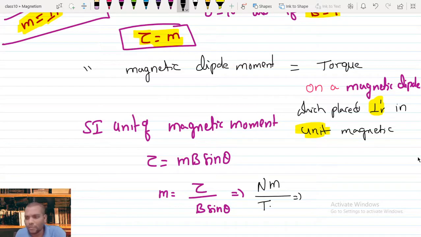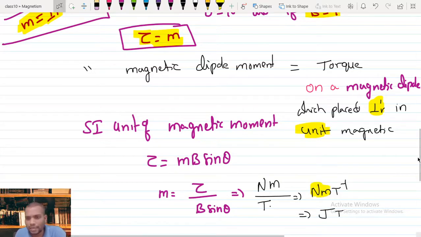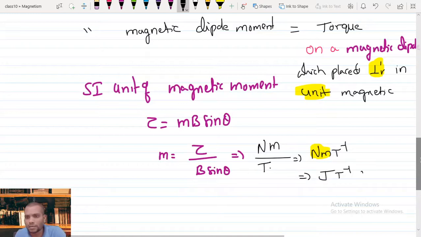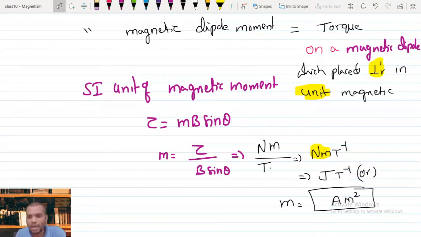So we can modify this to Newton meter Tesla inverse. Newton meter is nothing but Joule, so Joule Tesla inverse, which exactly gives ampere meter square.